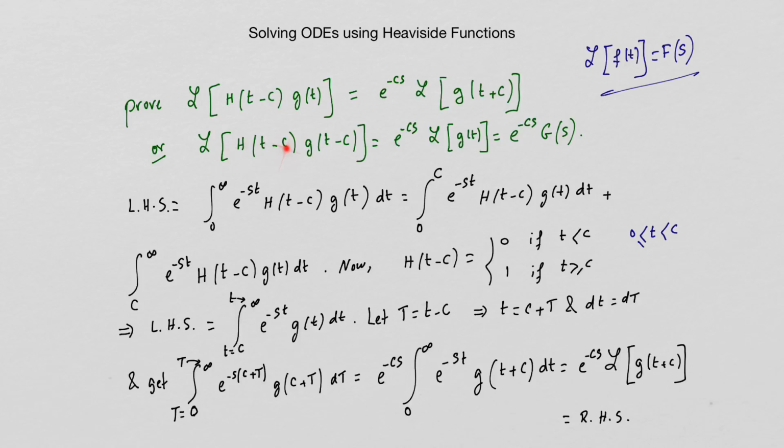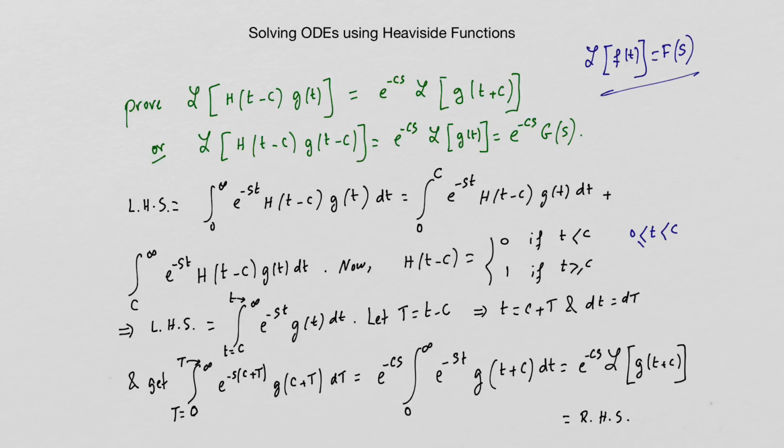And by the way, sometimes you see this other form in books, and they are identical. It's almost like first name, last name. They don't look the same, but they are referring to the same person. So in other words, if you let t here be t minus c, these are the same. Then this becomes t minus c plus c, which is g of t.